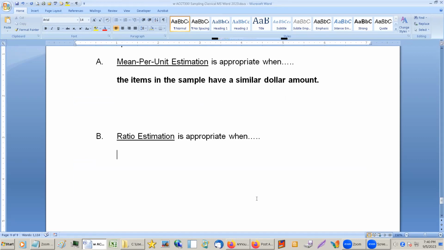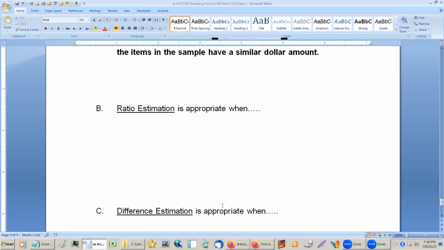Ratio estimation is appropriate when errors occur in a ratio of book value.